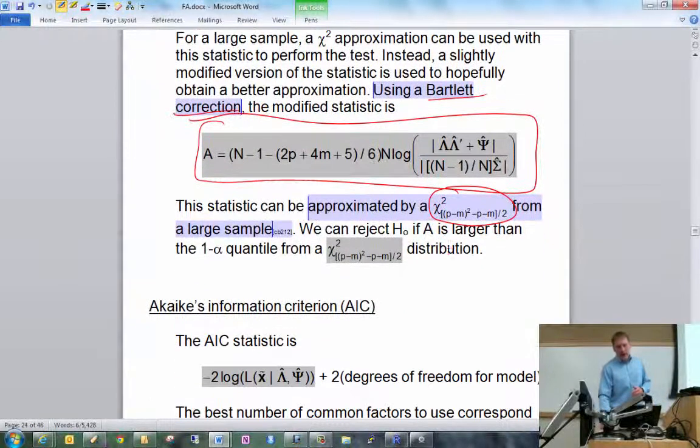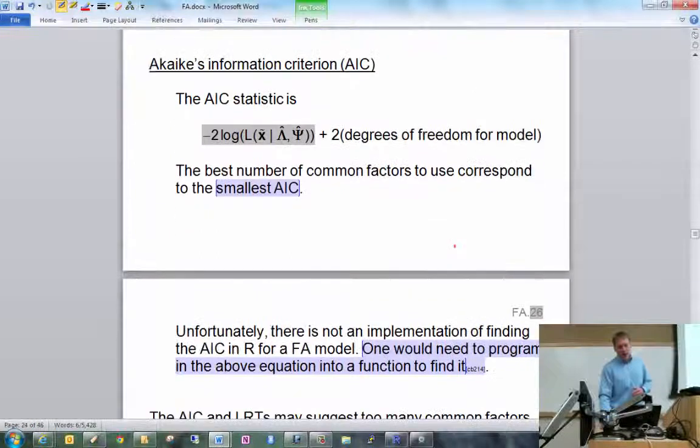Now, another way to help you choose the number of common factors is to use what's called the Akaike information criterion, or AIC. I've seen this used a number of times with factor analysis models, but unfortunately R doesn't provide us a convenient way to calculate it, which is quite unfortunate because SAS does.